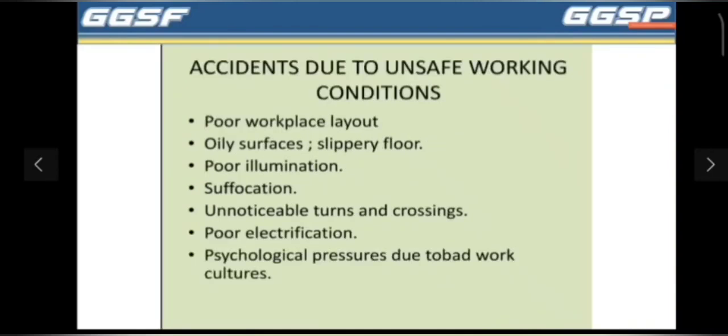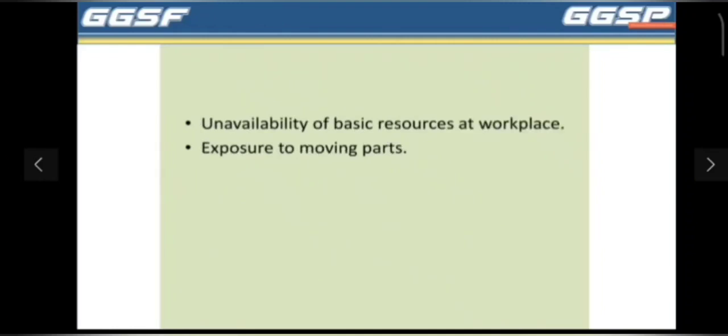Accident due to unsafe working conditions: poor workplace layout, oily surface, poor illumination, suffocation, unnoticeable turns and crossings, poor electrification, psychological pressure due to bad work culture, unavailability of basic resources at workplace, exposure to moving parts.